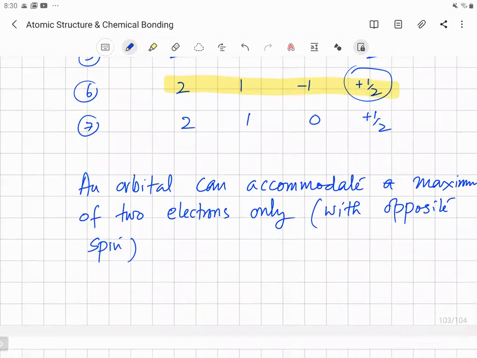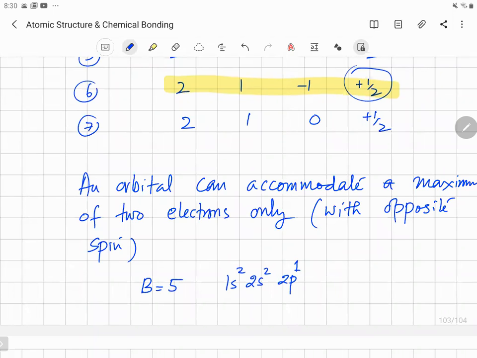And it has another statement which says an orbital can accommodate a maximum of 2 electrons. That's why, say, in the case of boron, we have 5 electrons, and the electronic configuration is 1s2, 2s2, 2p1, right?